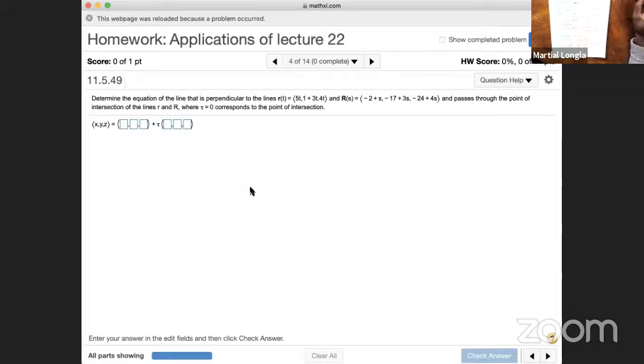That's one thing we're going to work on now. The second thing is how to find the direction of a line that is orthogonal to two other lines. And the third thing is how to combine all of that to get the equation that we need in this case. So now let's go with the explanation.